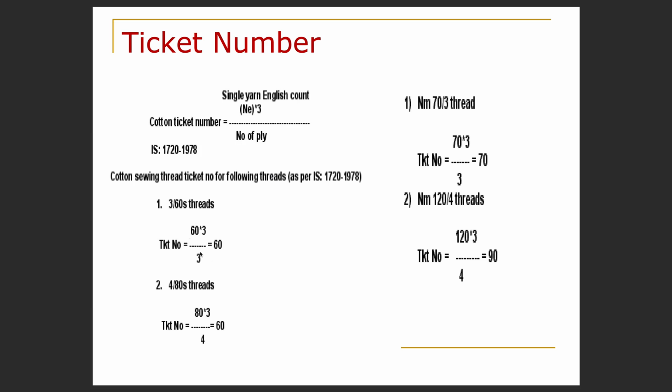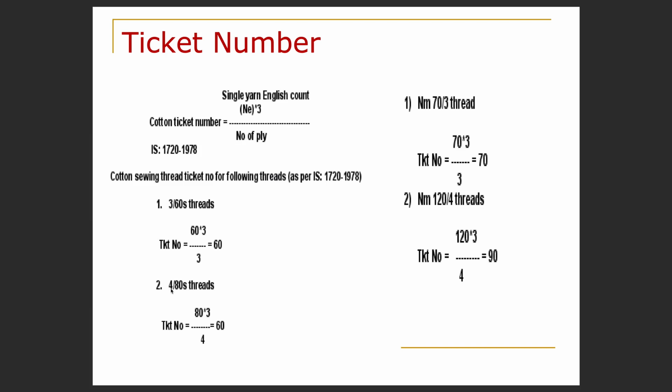This 60 divided by 3 gives the resultant count for a single ply, and that multiplied by 3, because cotton ticket number is 3 times that of the cotton count, or it gives the weight of 3 lbs rather than 1 lb as in the case of cotton count. That is why it has been multiplied by 3 here, which gives the ticket number of 60.